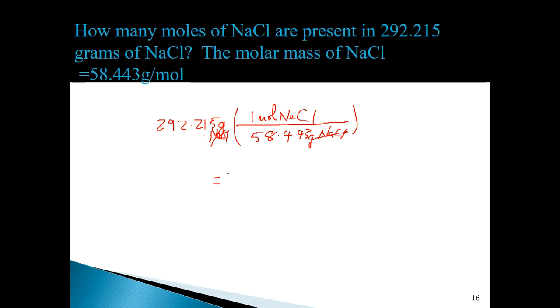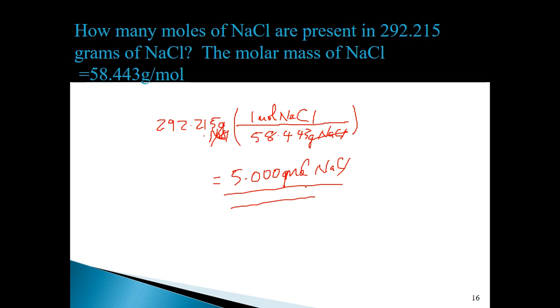When I do my number crunching, 292.215 divided by 58.443, the answer I get here is 5.000 moles of NaCl.